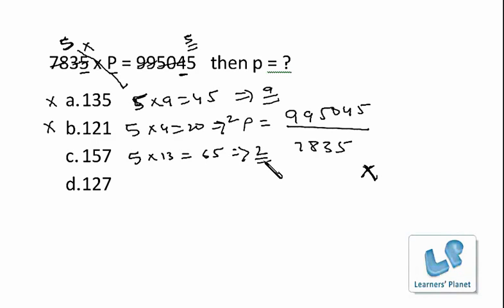So the digital sum is 2. So even this is not the correct choice. So the correct choice left with us is 127. 7, 8, 9 cancel, then we are left with 1 only. So 5 into 1 is 5, right? So 127 is the correct choice.